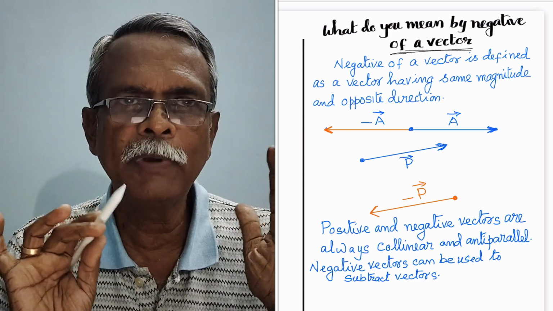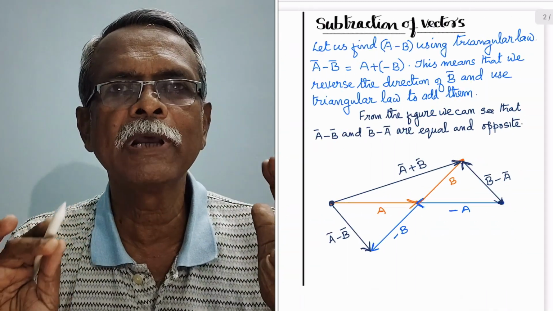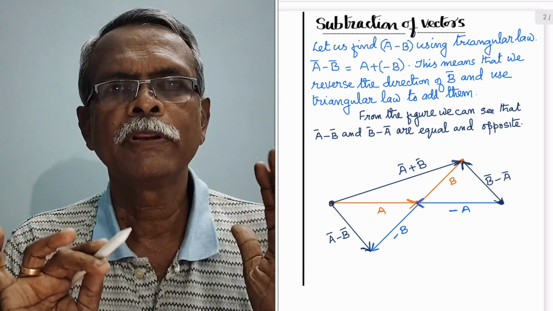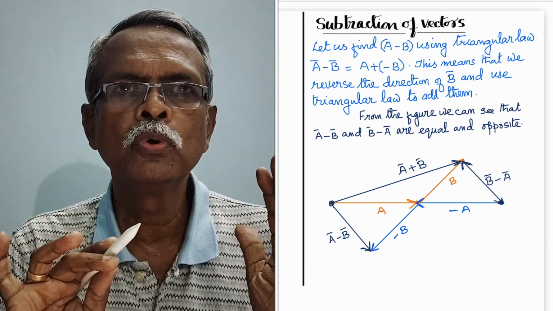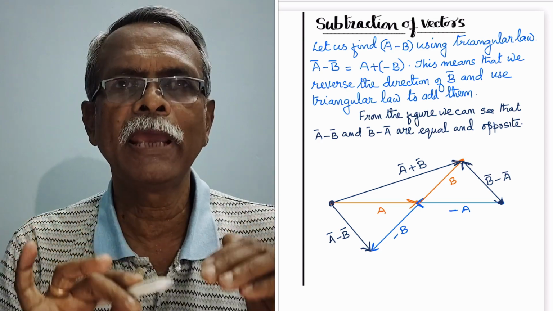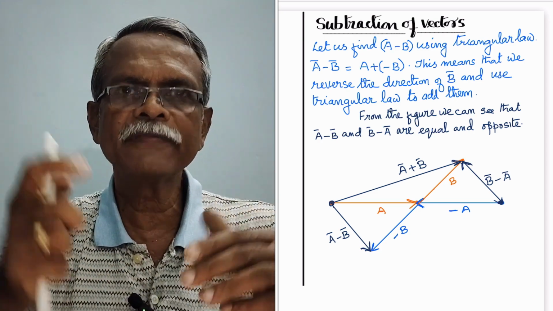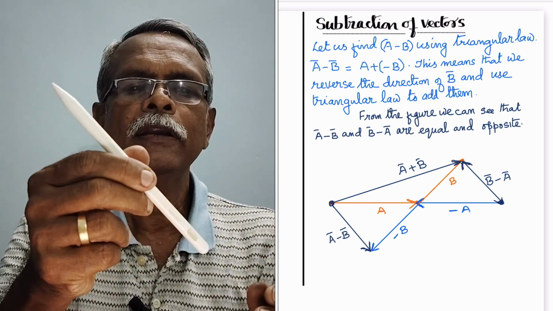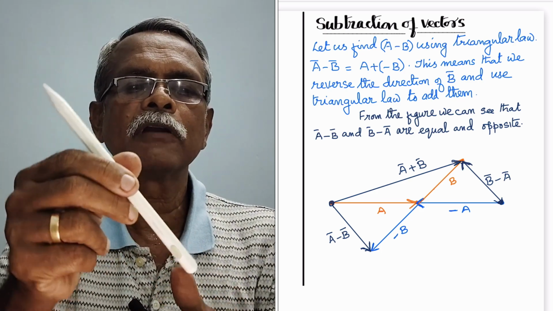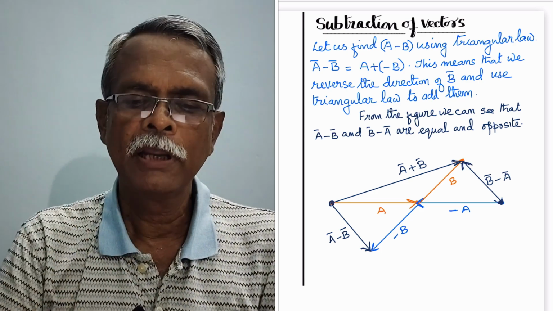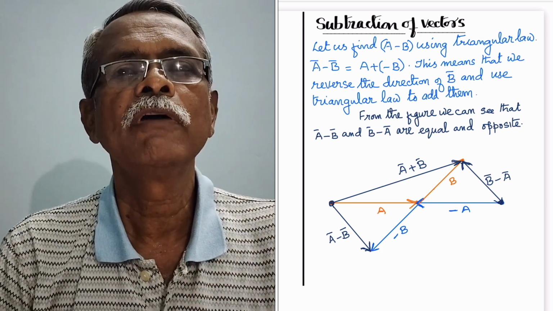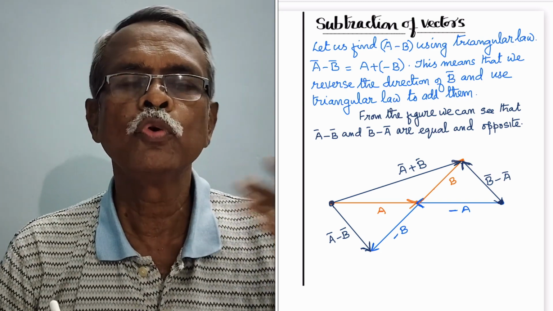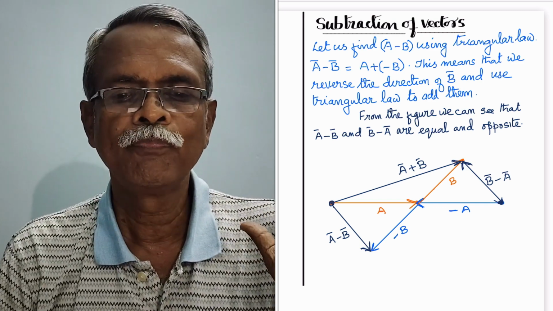And A minus B can always be written as A plus minus B. Therefore, if you want to subtract B from A, you reverse the direction of B. If B is already in this direction, then you reverse it in the opposite direction and you will get the negative vector. Then you add that negative vector to A using triangular law.